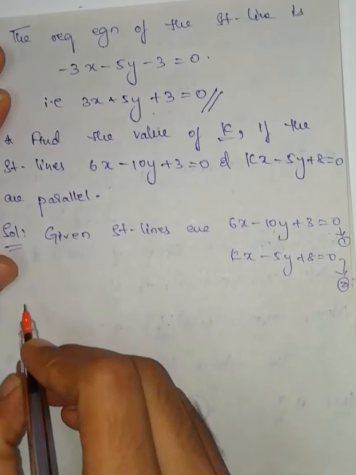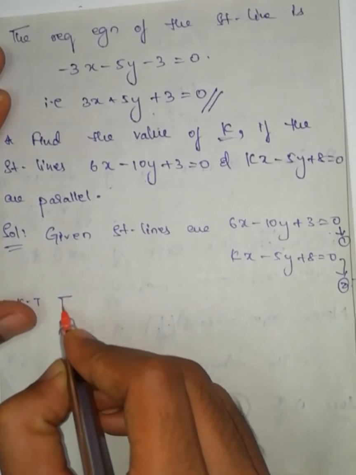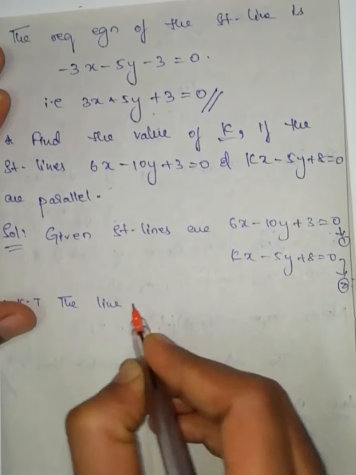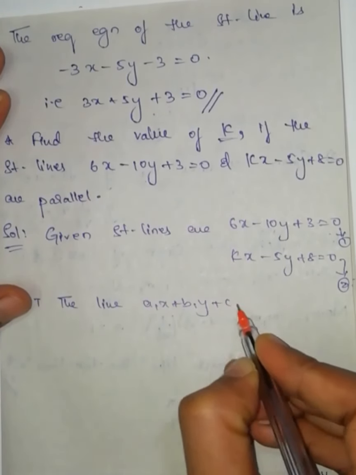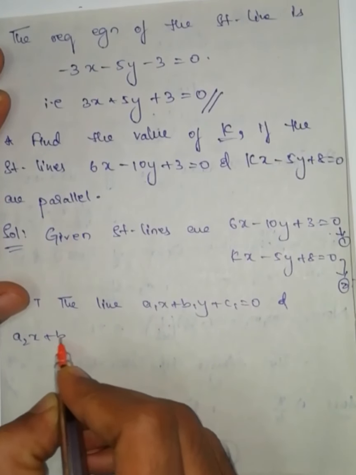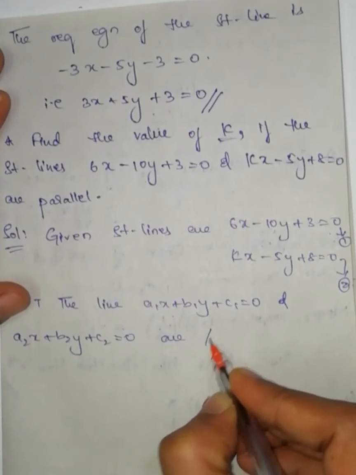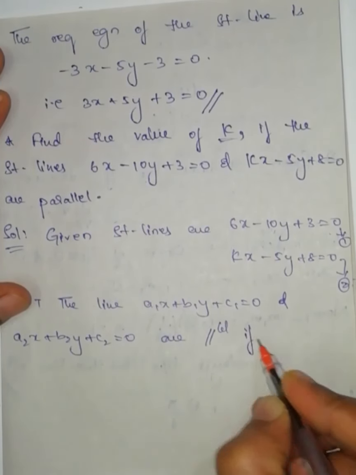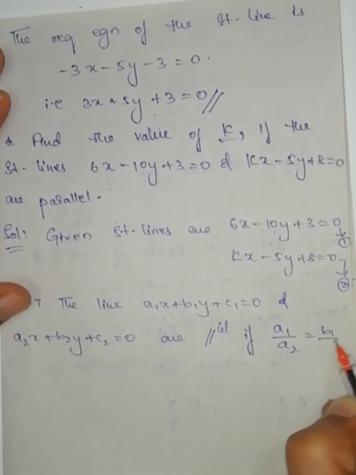Now, here we know that the lines a1x + b1y + c1 = 0 and a2x + b2y + c2 = 0 are parallel if a1 by a2 is equal to b1 by b2.